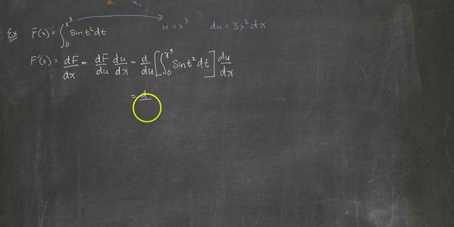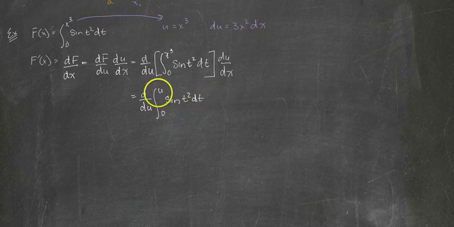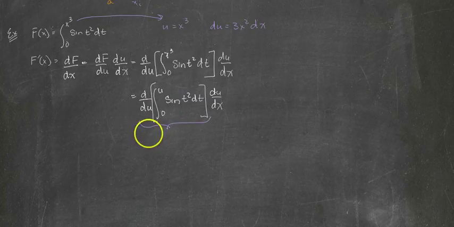So I'm going to put in for d du, because I want to take the derivative with respect to u of the definite integral of a function with u. So I'm going to substitute my u for x cubed, and that leaves me with sine t squared dt, and du dx follows along.